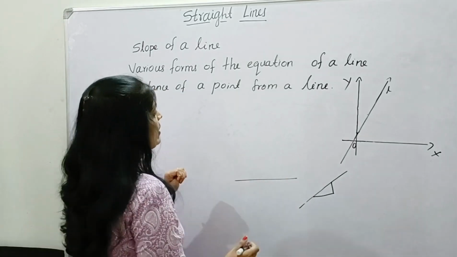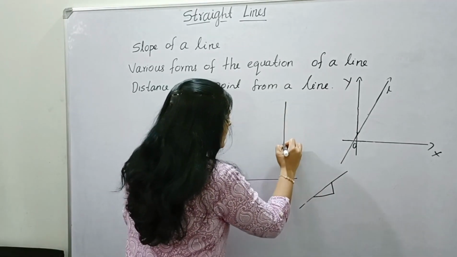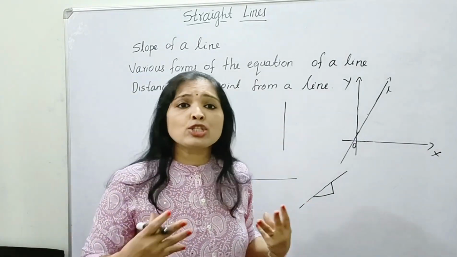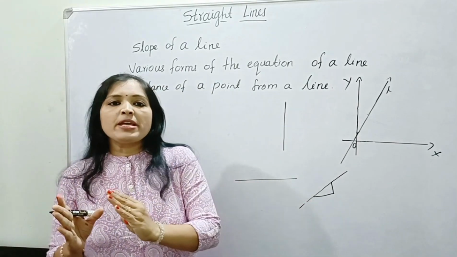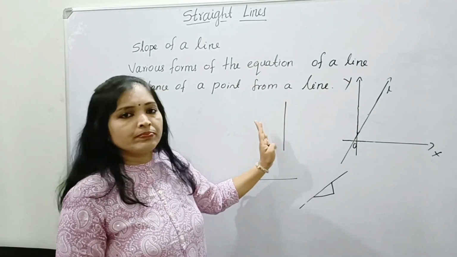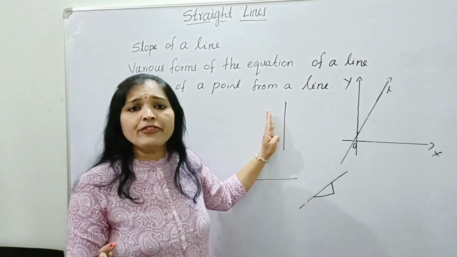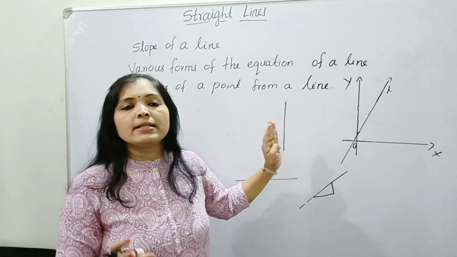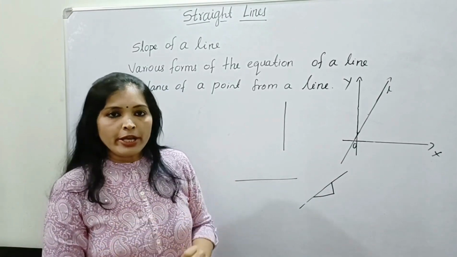And if a line is exactly vertical, we say that there is a high slope, that is, the slope approaches infinity.